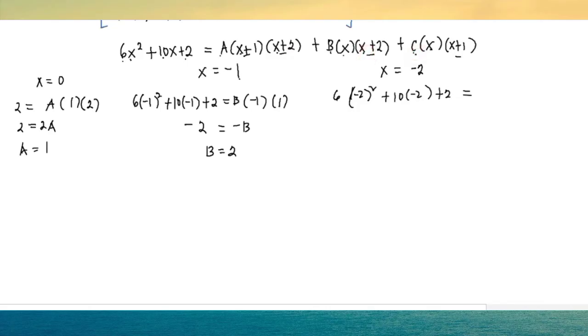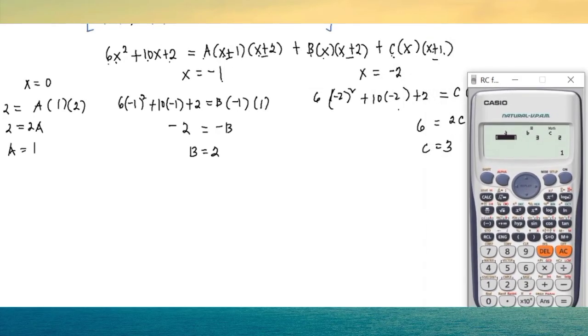So yung C yung makukompute natin. So we have C, negative 2, negative 2 plus 1 is negative 1. So kung i-evaluate natin itong left side ng equation natin, we have here positive 6, and this is 2C. So your C is positive 3.